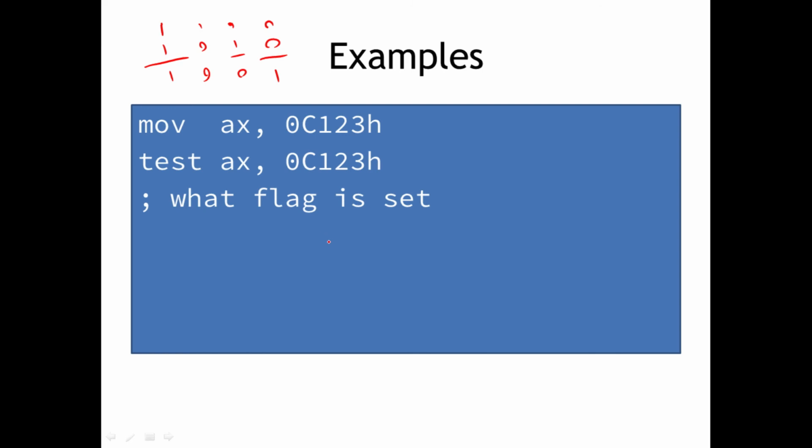And so in that previous example, if I'm testing FF00 and 00FF, none of the bits are going to be the same. Right, because we'd have 1111, 1111, 0000, and then we'd have the exact opposite of that. So now we do a logical AND on that.